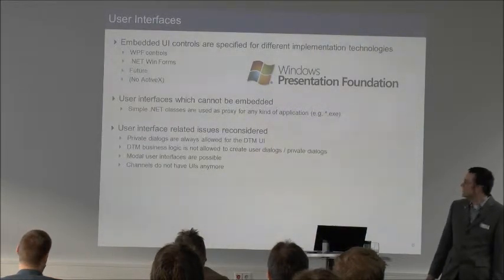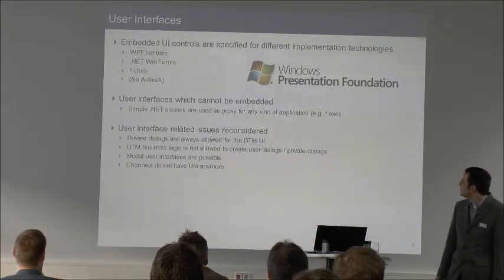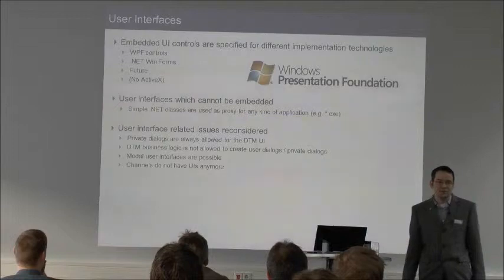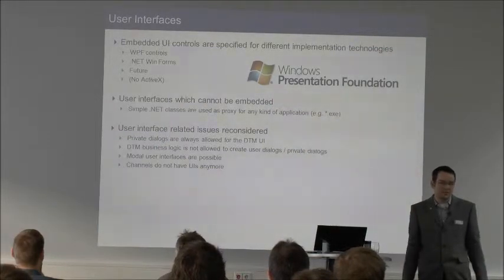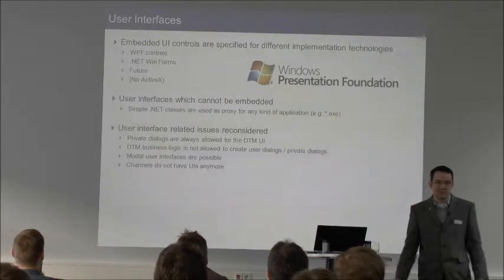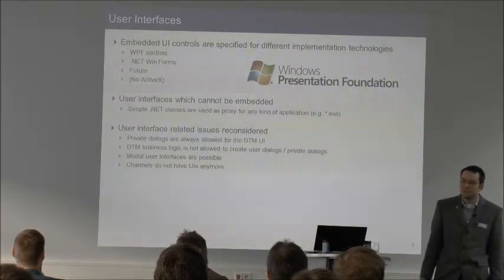And it's not necessary to write ActiveX controls anymore. Also, we can write standalone applications. That's also possible in FDT1. It's not a common feature, but some DTMs today start their own application. That's also possible in FDT2.